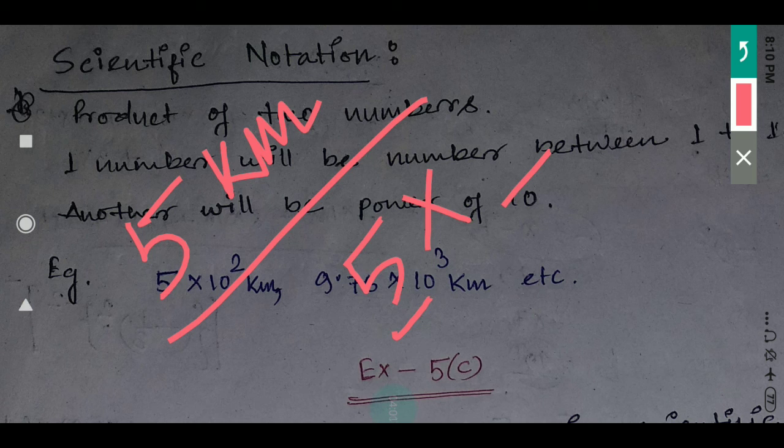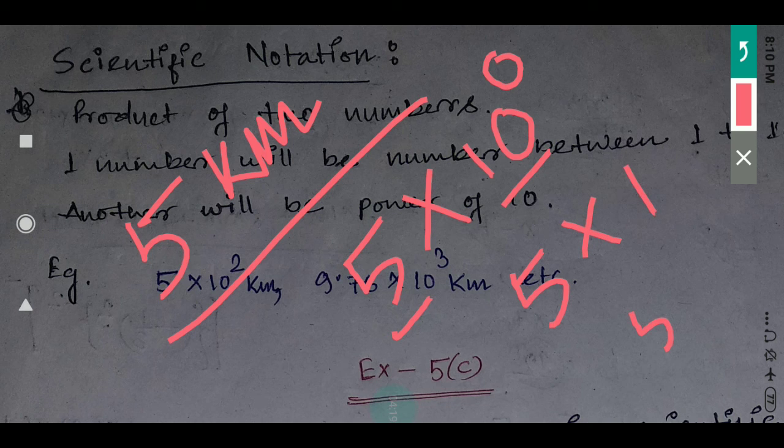But here 10 is not there. So can I write it like this: 5 into 10 power 0. Any number power 0 means 1 only. So that means 5 only, 5 kilometers, which is what is given here.